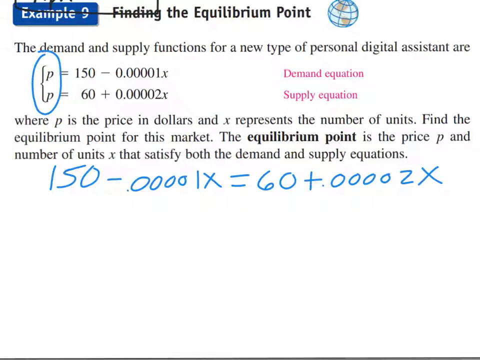Okay, so here what I do is get my constants over on this side by subtracting 60, my x terms on the other side by adding 0.00001. Okay, and those would be over here.